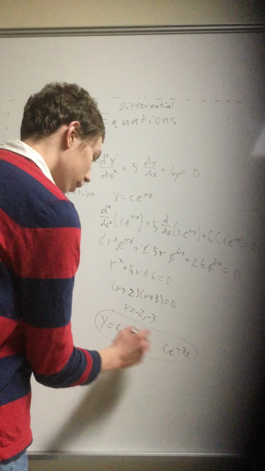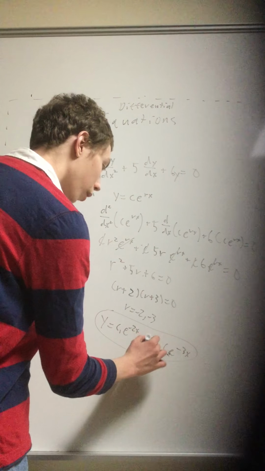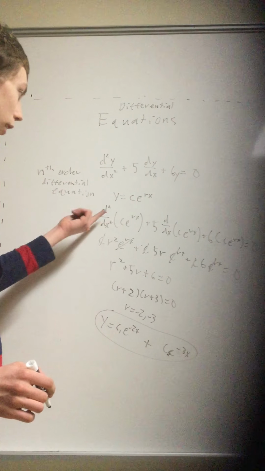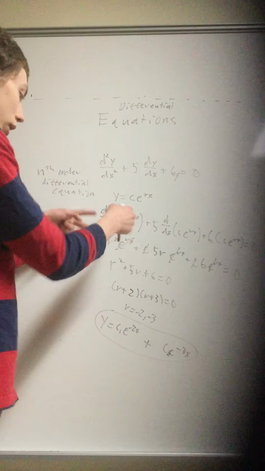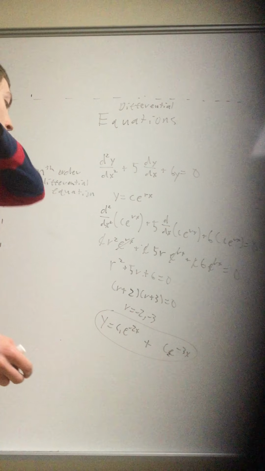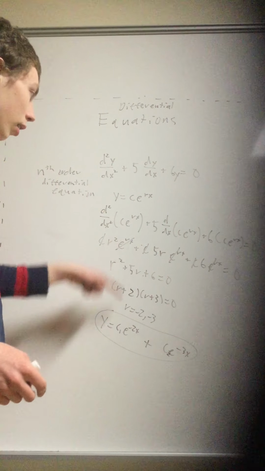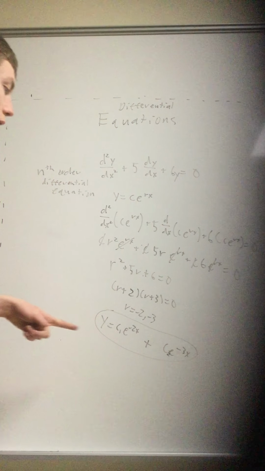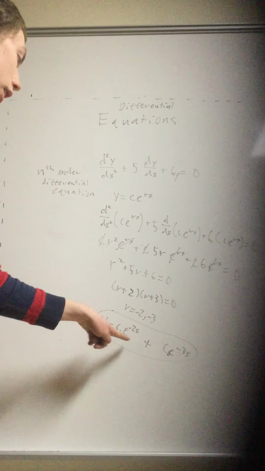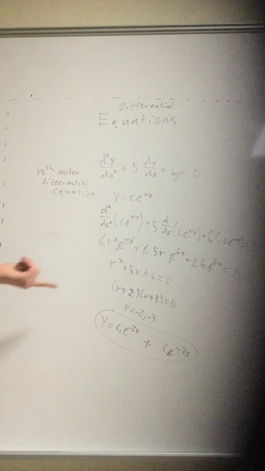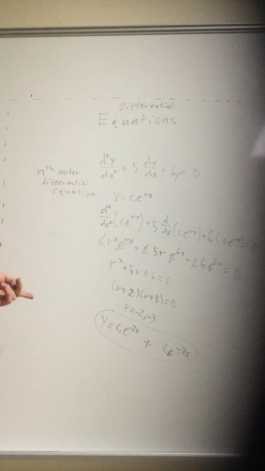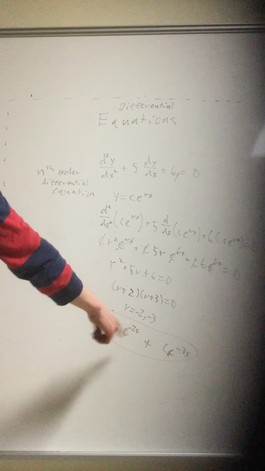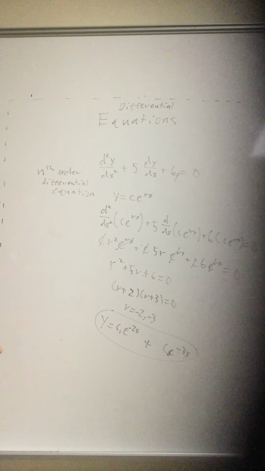So, since these two constants should be different, we call them C1, C2, and we can just add them. Why? Well, if you put this in, these derivatives just distribute over this addition. And basically these two will act independently of each other, and it'll be a solution. In fact, this idea is called superposition, and it's really important. It comes up in electronics, acoustics. The fact that if you have two solutions to the same linear differential equation, you can just add them, and you'll get another solution.